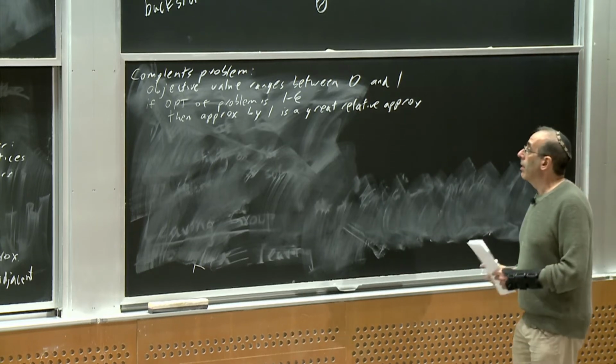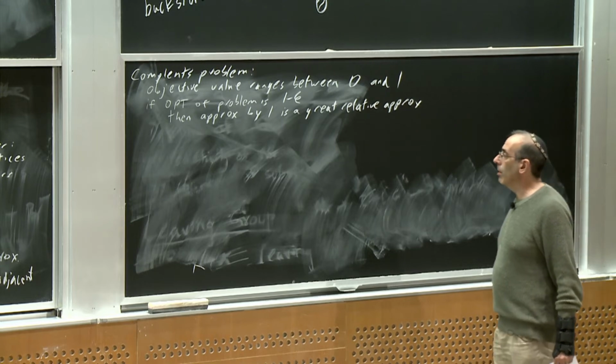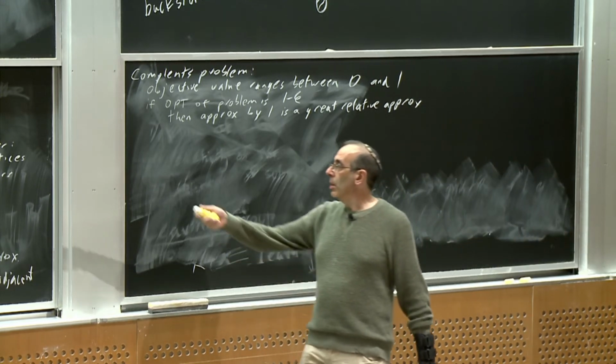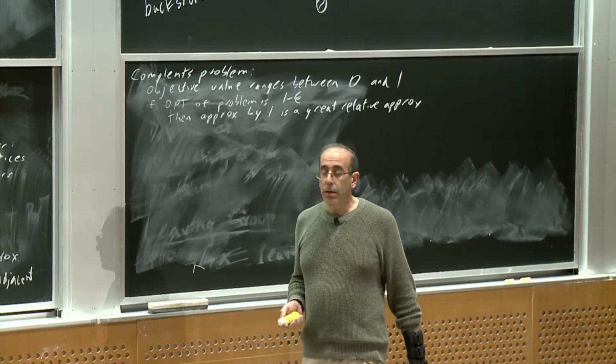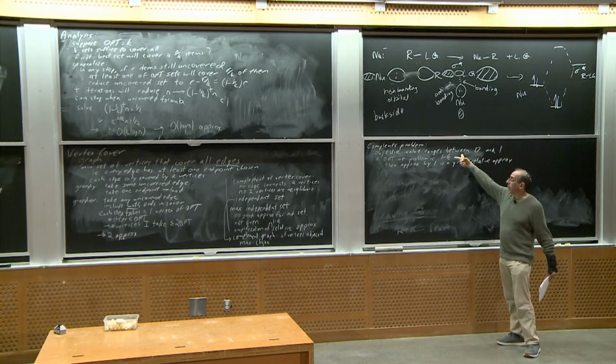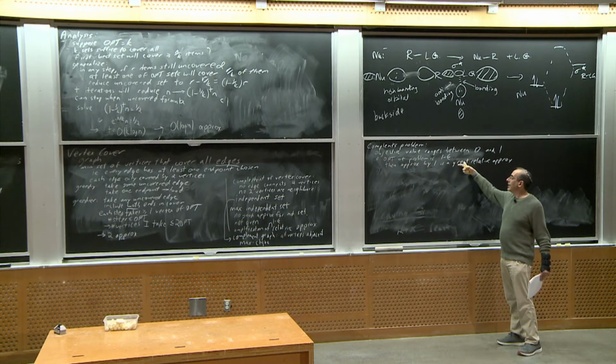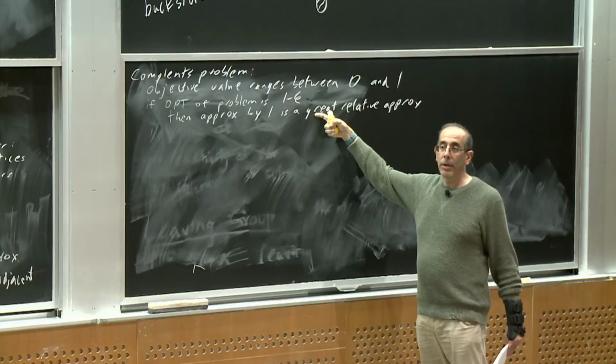Right, we're looking at minimum vertex cover, right? So if the actual minimum vertex cover is almost all the vertices, then actually taking all the vertices gives you a very good approximation, right?